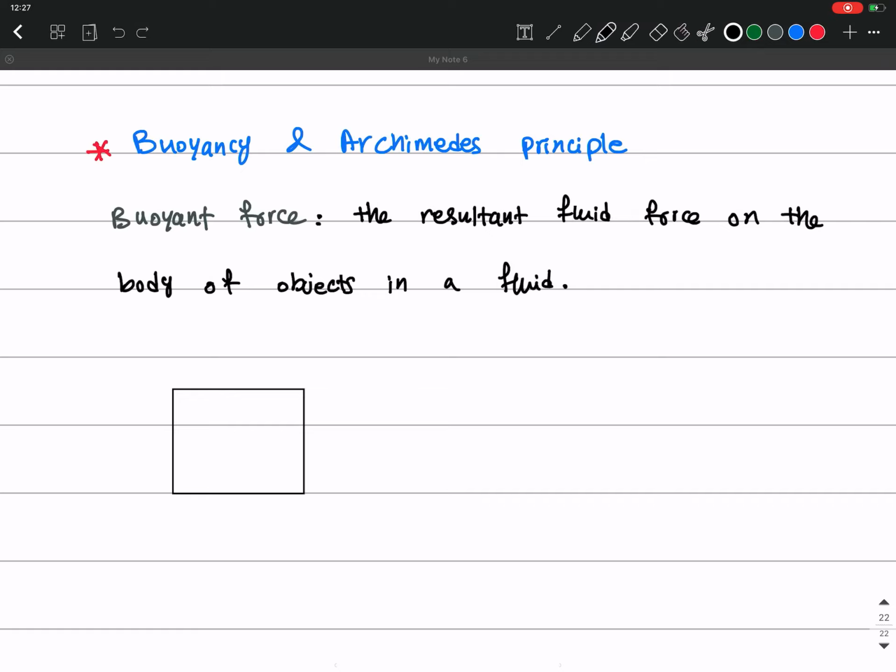So this object is underwater, say up to here it's water.